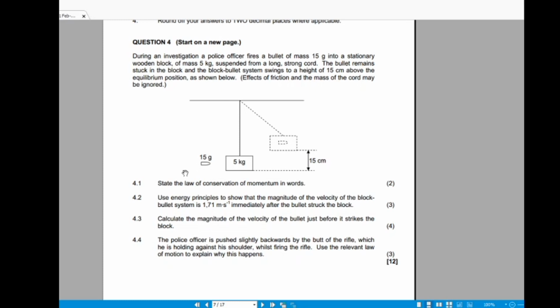So according to Newton's third law of motion, the gun will exert a force on the bullet, and the bullet will exert an equal force in the opposite direction on the gun, right? The force that is exerted on the gun will now be exerted on the police officer.